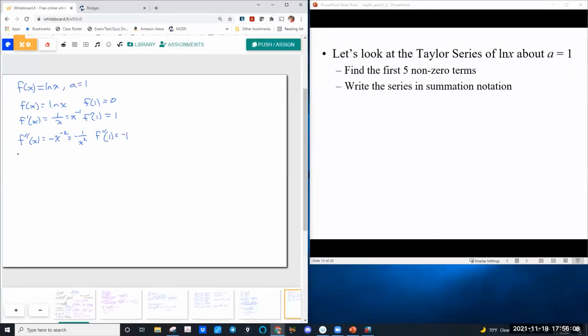F triple prime is 2x to the negative 3. We're going to get a lot of practice with derivatives in this section, which is 2 over x cubed. So the triple prime at 1 goes back to positive, so we're going to have an alternating series, but it ends up being 2 over 1.